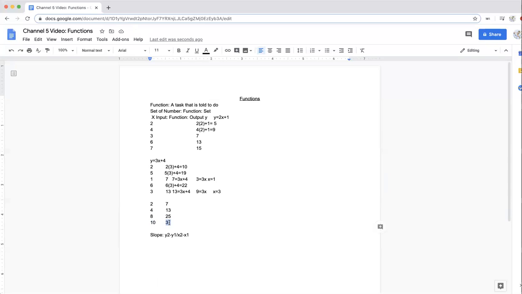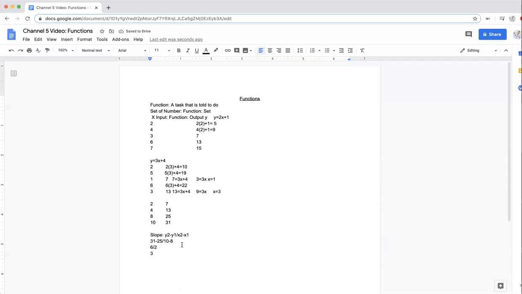Let's take this number as the y2, so that would be 31 minus, for y1, let's take 25. 31 minus 25 divided by x2 minus x1. If you use 31 and 25, you must use the other two numbers across from it. So you would do 10 minus 8. So it would be 6 divided by 2, which is 3. That would be your slope.